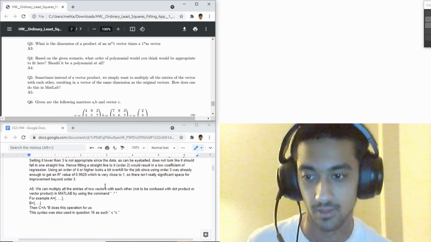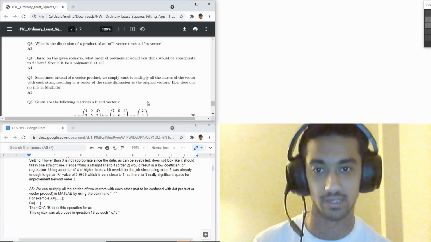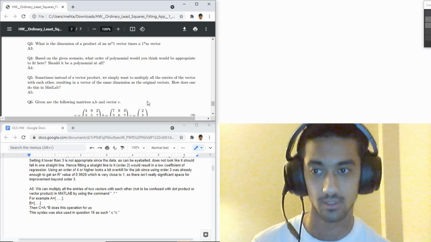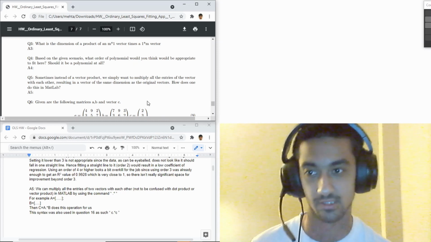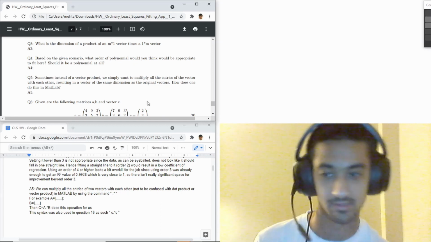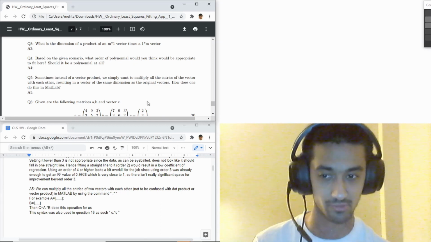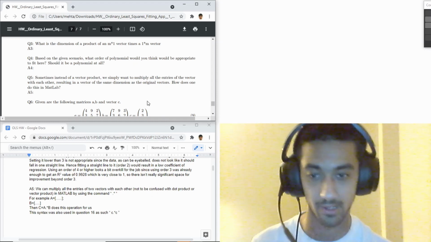Question 5. Sometimes instead of a vector product, we simply want to multiply all the entries of the vector with each other, resulting in a vector of the same dimension as the original vectors. How does one do this in MATLAB? So there's a command in MATLAB. I wouldn't say command, but it's an operation that you can use as an expression, which is the dot asterisk, or the dot multiplied by.